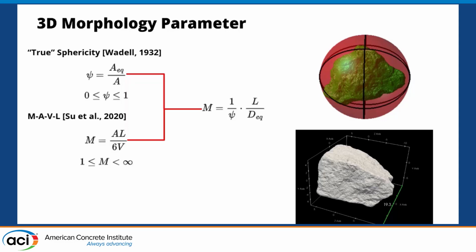So for that purpose, instead of putting the projected image into a rectangle or circle, we had to put the 3D model into a sphere. Sometimes we had to put the particle into a container box. From there, we can measure those parameters.